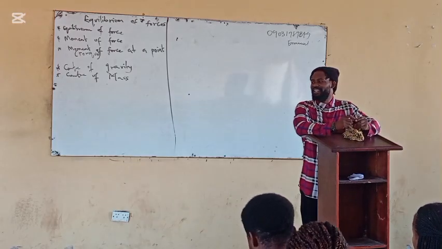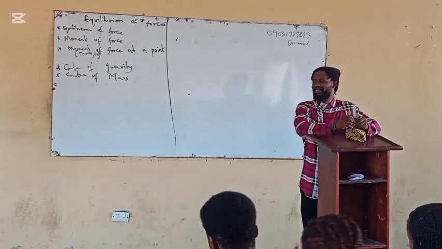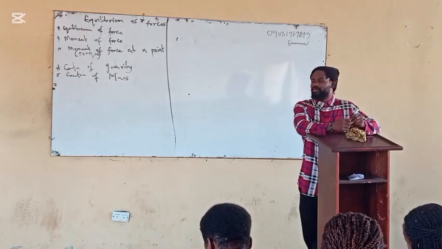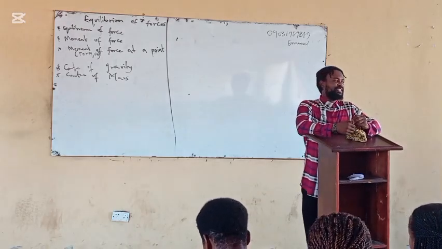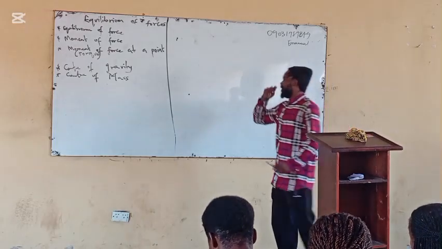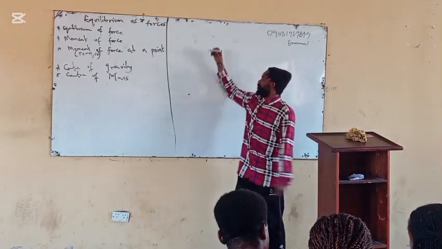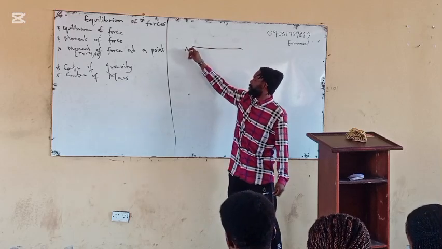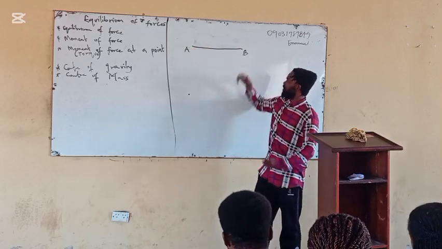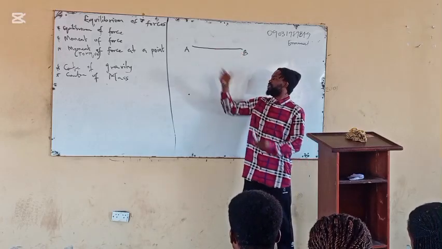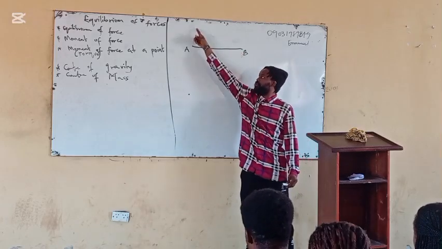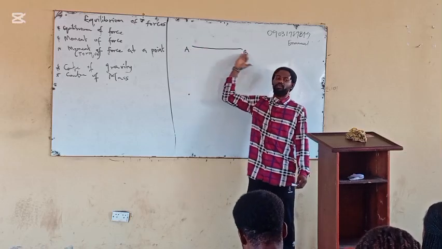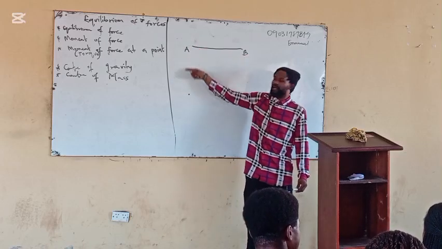I said it's a state where an object experiences no net force. Have you written it? Alright. Now see what I mean by that. If, for example, I have this to be a rod, a uniform rod. Let's say this is B. Notice that if this thing is being held by a rope, if it is going to be stable or having static equilibrium, it simply means that this particular part cannot move.